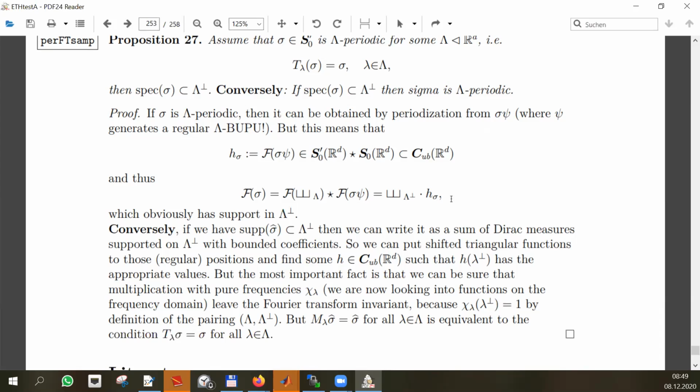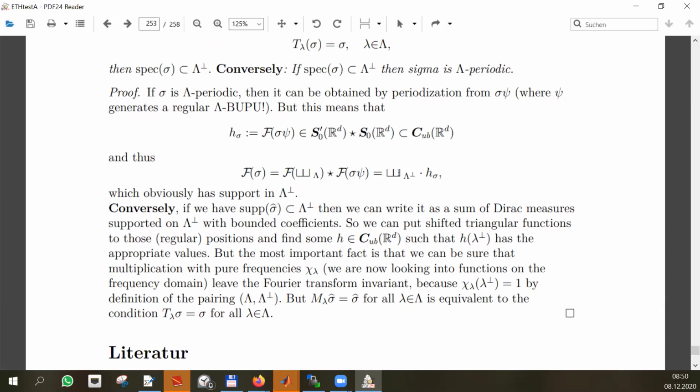So you get a sum, and the coefficients are bounded because this is a bounded function, so everything is fine. So if you give me a periodic mild distribution, by such a very simple computation, which involves this smoothing operation and the Poisson formula, you get a discrete continuous measure.